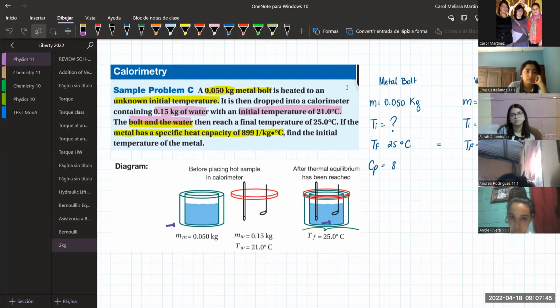Find the initial temperature of the metal. So I need to find the initial temperature of the metal. That is my main purpose in this exercise.